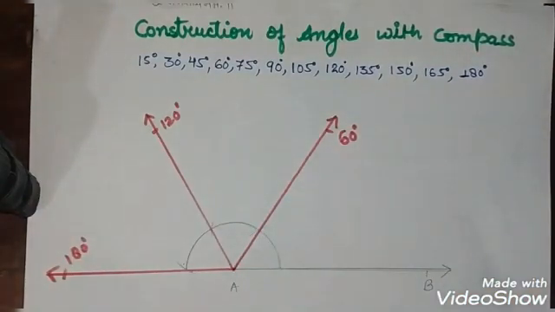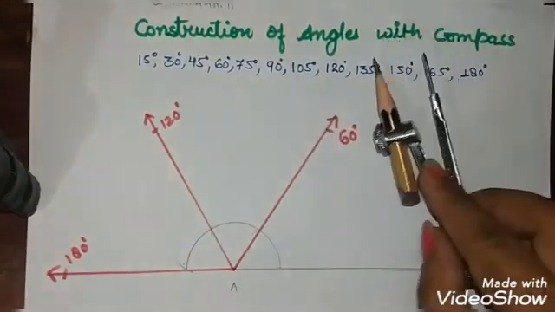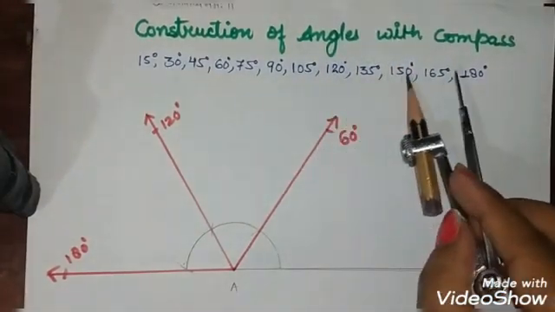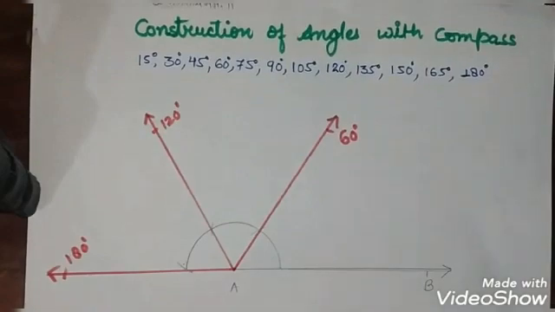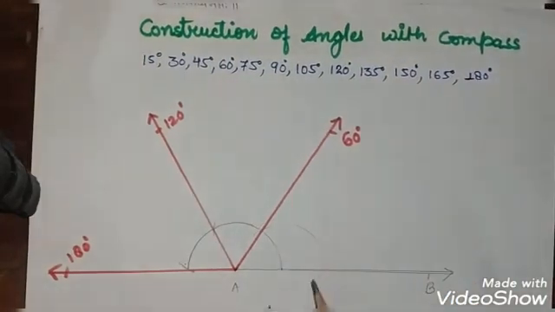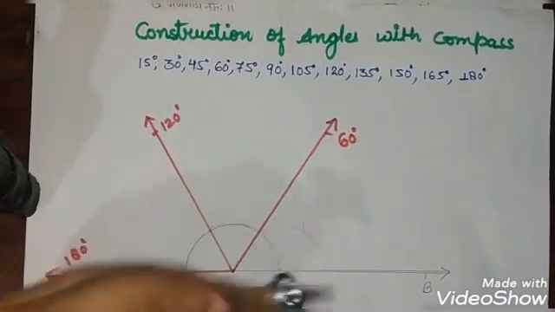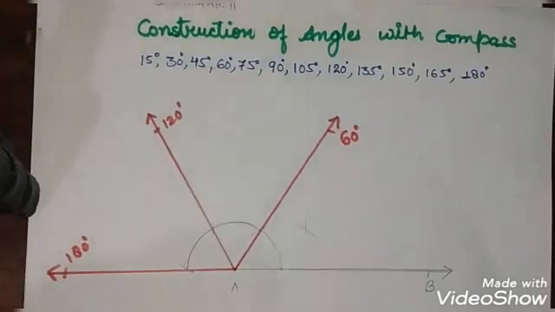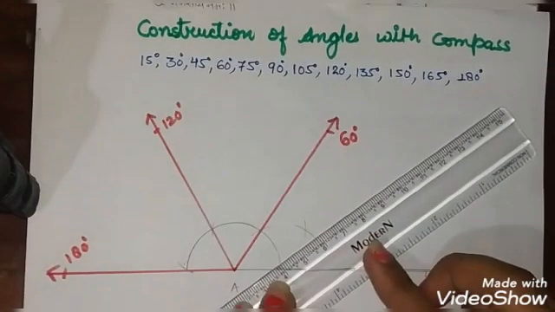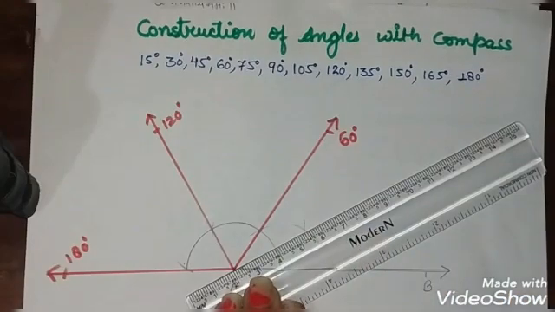Now to draw the angles like 30, 90 and 150, for that divide the given angles. Now you join this point A and the point of intersection of these 2 arcs.